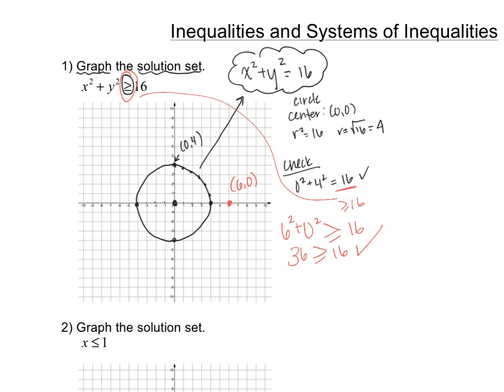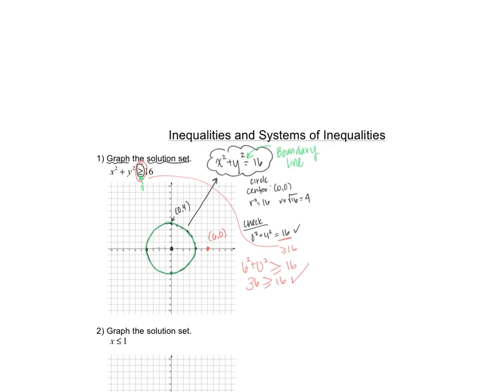For our solution set, of course, we can be on this circle because it says equal to. We call this the boundary line. As soon as you write it with an equal sign and not the inequality, this is our boundary line. We only want to draw it solid if we have the equal to part. A little reminder: when we have greater than or equal to, versus just greater than or less than, the equal to means that it includes that value.